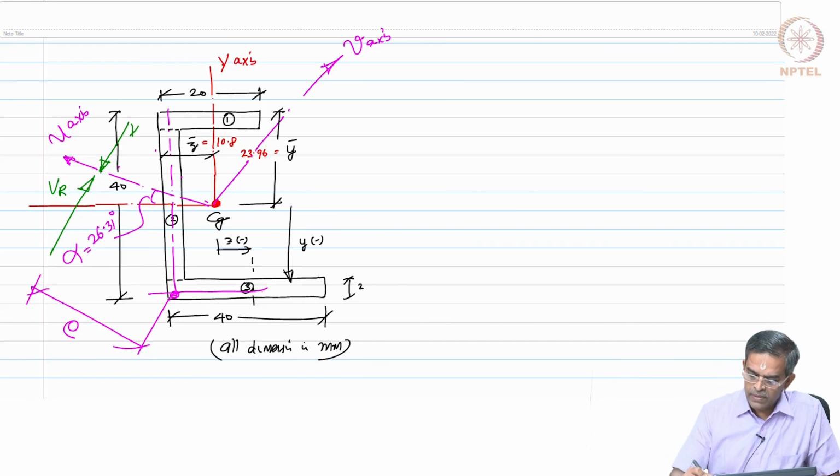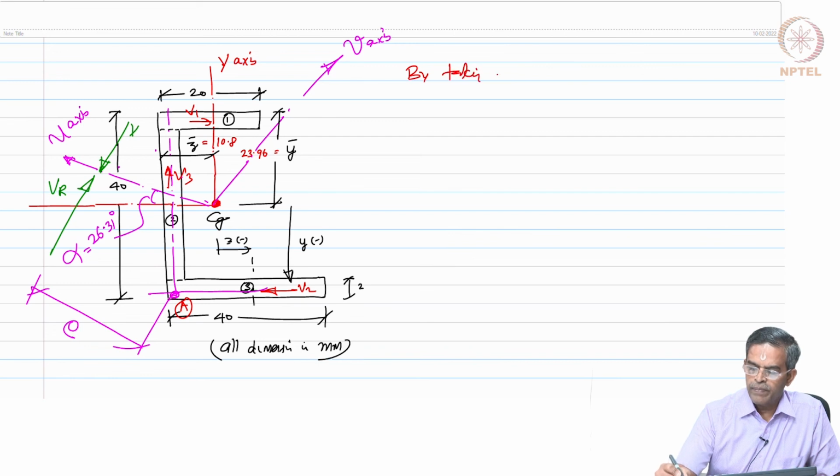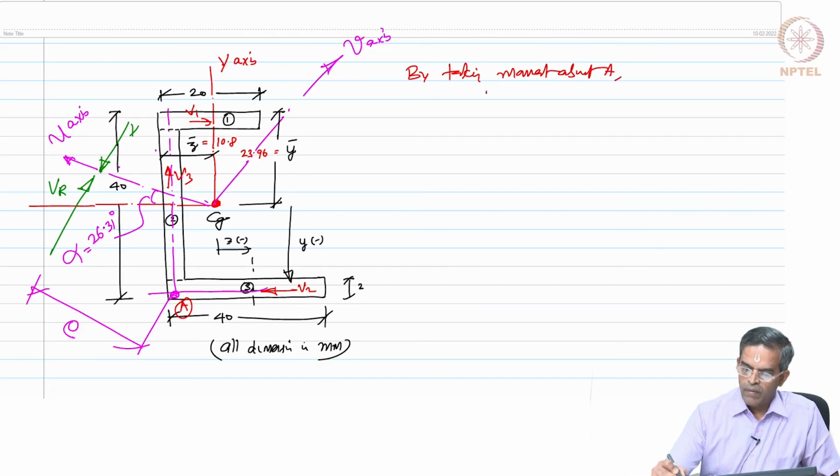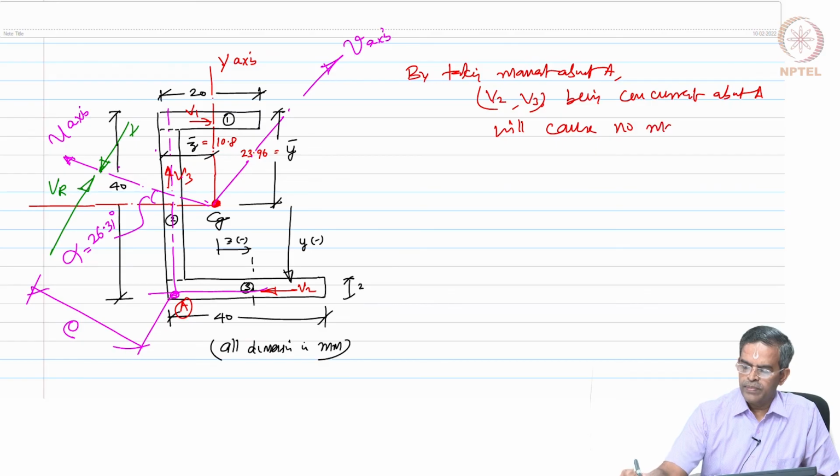If I write this as V1, V2 and V3 and I call this point as A, by taking moment about A, V2 and V3 being concurrent about A will cause no moment.